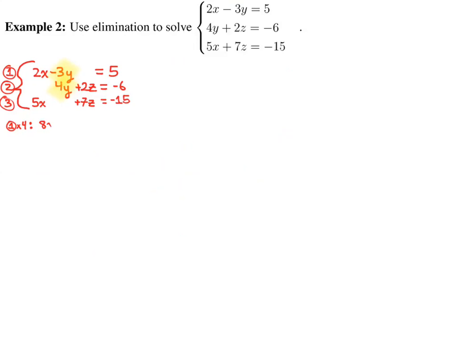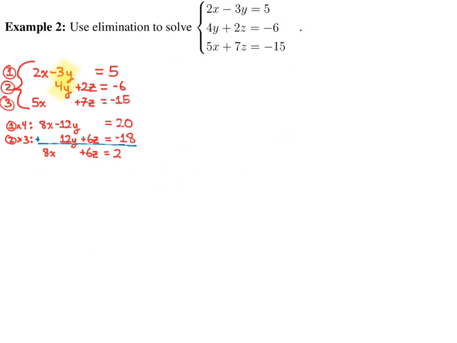The first one, if you multiply it by 4, you have 8x minus 12y, and the blank, and you got 20. And the second one, if you multiply it by 3, you have a blank, and then you got 12y, and you got 6z, and negative 18. Now, if you add them up, then, goodbye y's, you've got the 8x, you've got the 6z, and a 2. But no more y's.